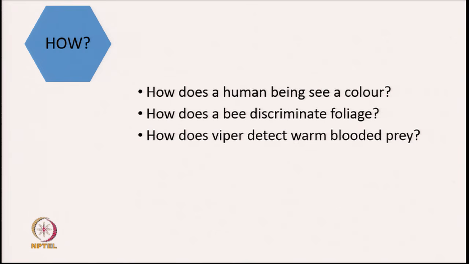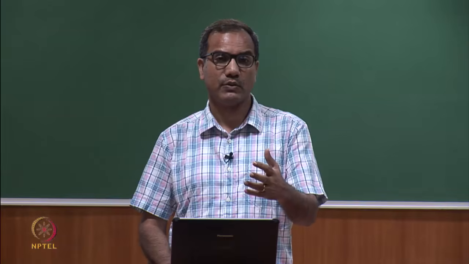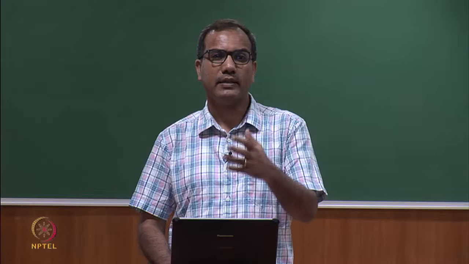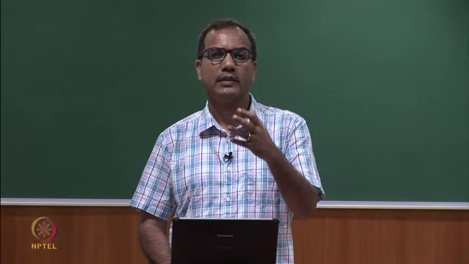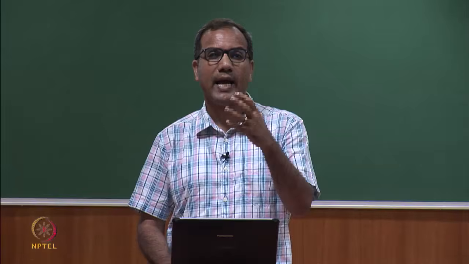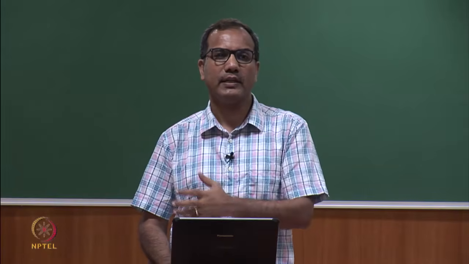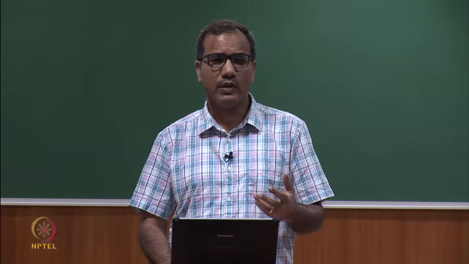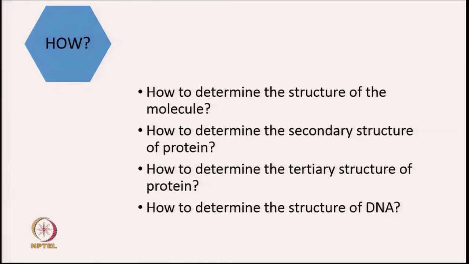These are the questions which are related to spectroscopy, and so we will discuss how a particular animal discriminates between two objects. We are going to discuss how to determine the structure of a molecule, and this is a very big field. Not only molecules, we are going to even discuss how to determine the secondary structure of protein, how to determine tertiary structure.